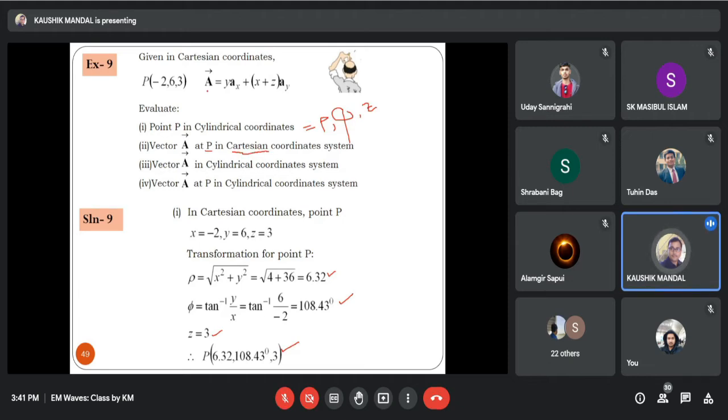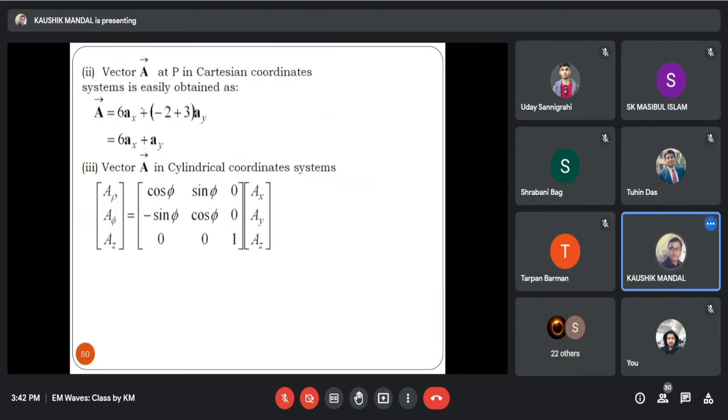Vector A is already given in Cartesian coordinate system: 6ax plus ay. You have to just put the values of x, y, and z in this vector equation, because it is itself given in Cartesian coordinates. So it will be 6ax, x equal to -2, plus 3ay. So this is the solution of the second part: 6ax minus 2 plus 3ay, that is the vector at point P in the Cartesian coordinate system.